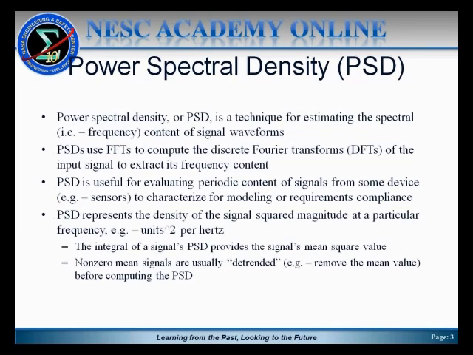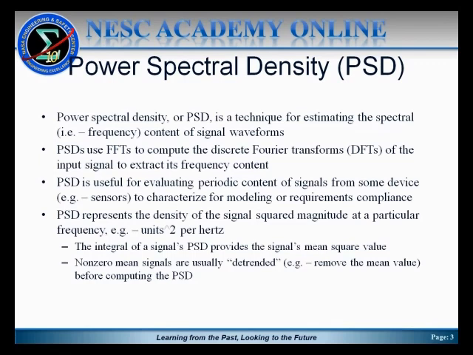People sometimes confuse those and wonder, well, I can use a FFT to compute a PSD as well, can't I? And the answer is yes, and actually most PSD packages or analysis tools actually use fast Fourier transforms to compute the discrete Fourier transforms. That's just a more efficient way of computing it compared to the more direct methods that you would find in the mathematics. And this was discussed at length in Part 1 of this presentation.